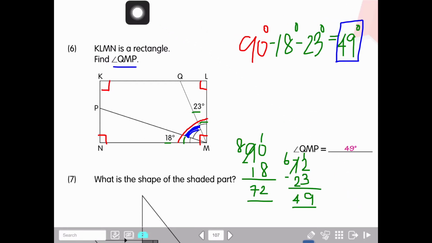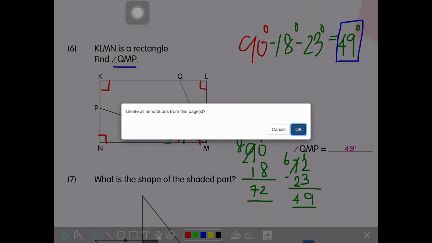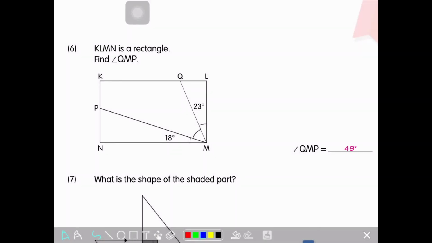This is the first way to do this question. However, some of you might have another way. And let me show you the second way to do this question. Looking at 23 and 18 degrees, we find the sum of these 2 angles.